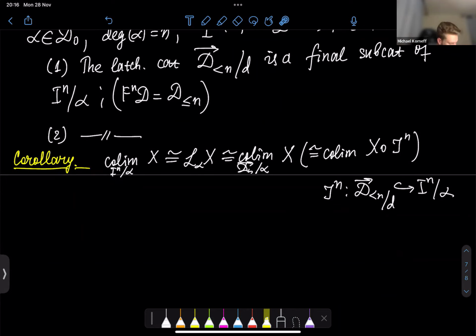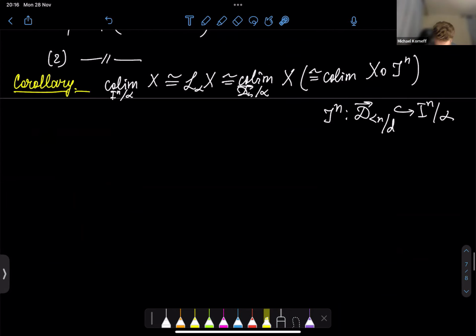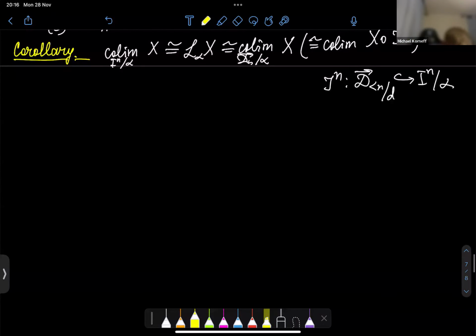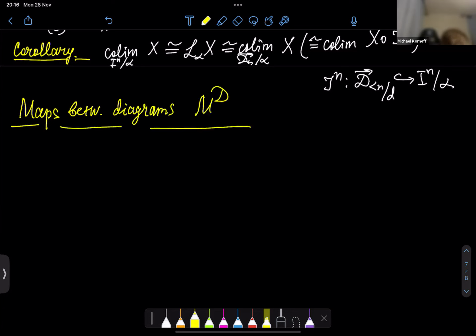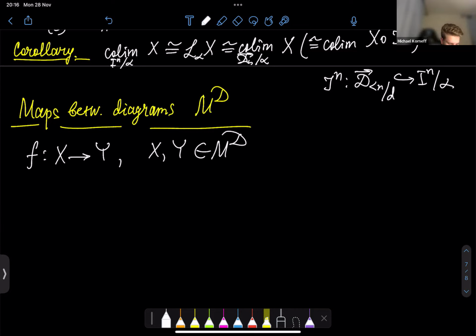And now, maps between diagrams. We will construct a map F, say, between the diagrams X and Y from M^D, diagrams indexed by a Reedy category.